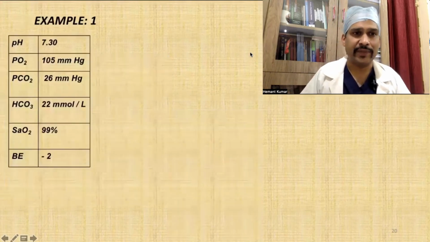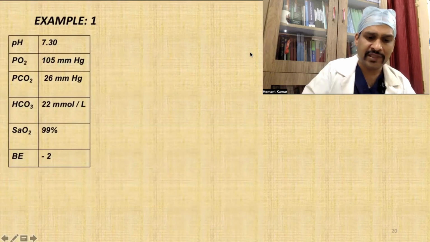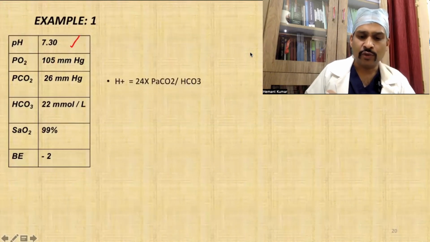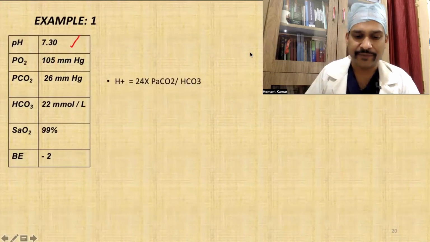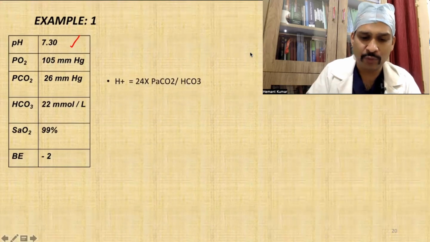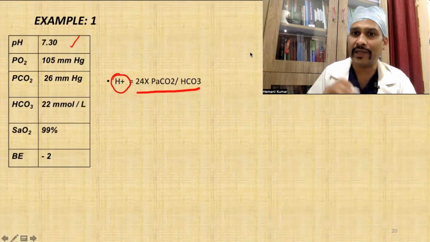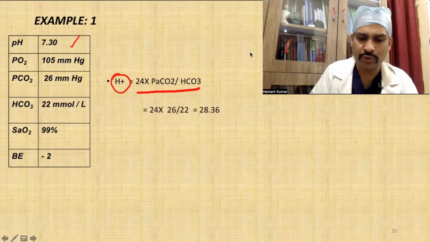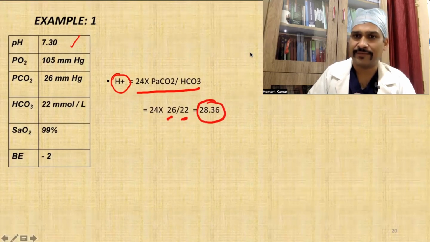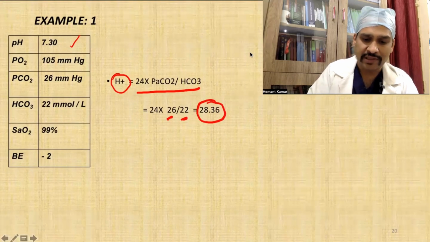Now see this example. Here pH is 7.3. First we have to check validity. We calculate H+ by the formula: 24 into PCO2 upon bicarb. PCO2 is 26, bicarb is 22, so it comes to 28.36. This is the H+ concentration by this formula.